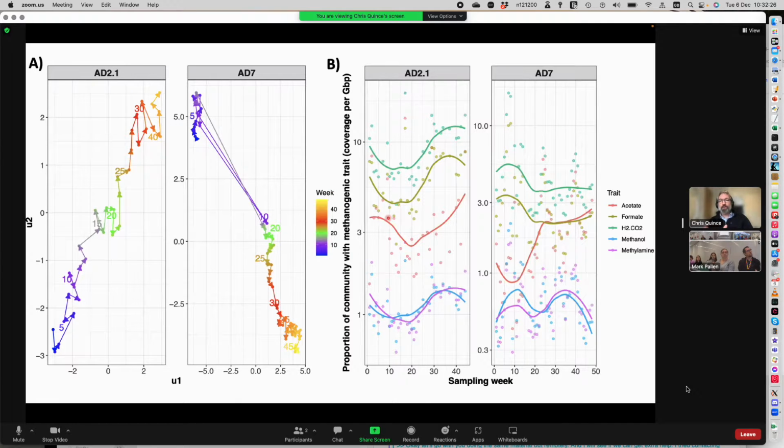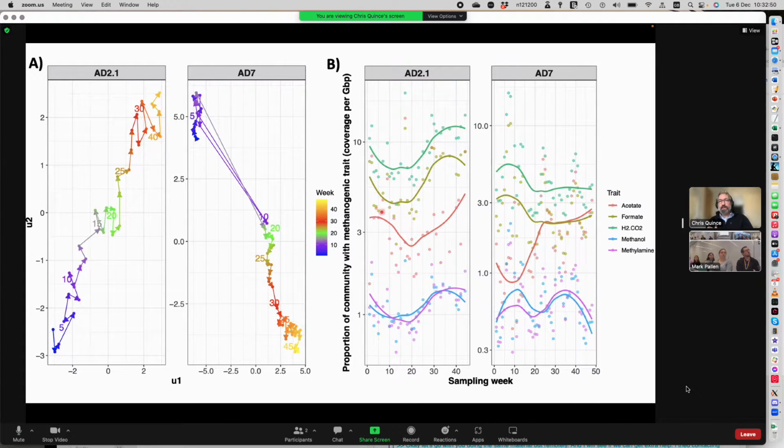And that also gives you another way to represent the community. So this is for 2 reactors, AD 2.1 and 2.2. I'm showing those NMDS plots, showing the shift in community structure over time. But now we can take a trait view of the community. So this is showing the aggregate trait abundances summed over the different MAGs.